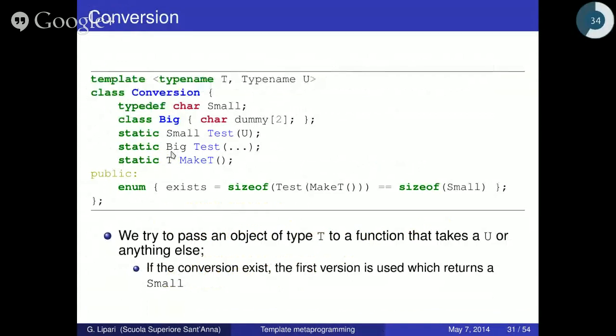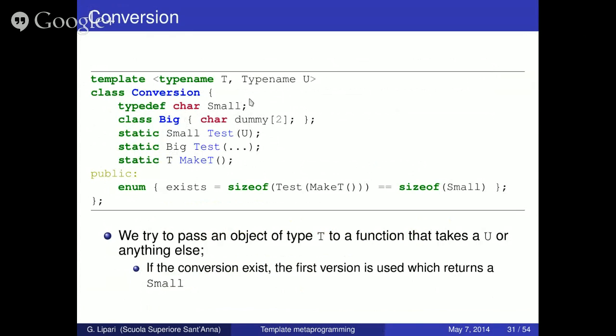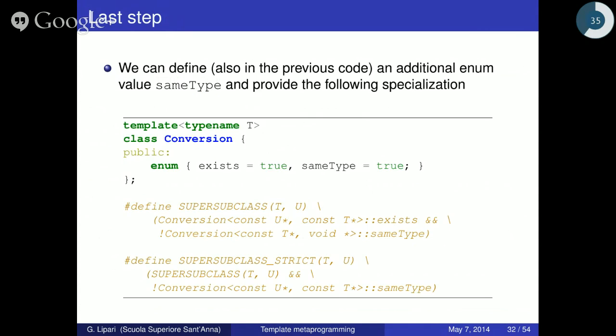In particular, we have seen this neat trick of defining two different data types with two different sizes, to have functions which are not implemented that take different kinds of arguments and return different kinds of data, and then use this in a sizeof expression to understand if the conversion is possible or not. It works very nicely, and we can actually detect if a type is a base class for another type or not.